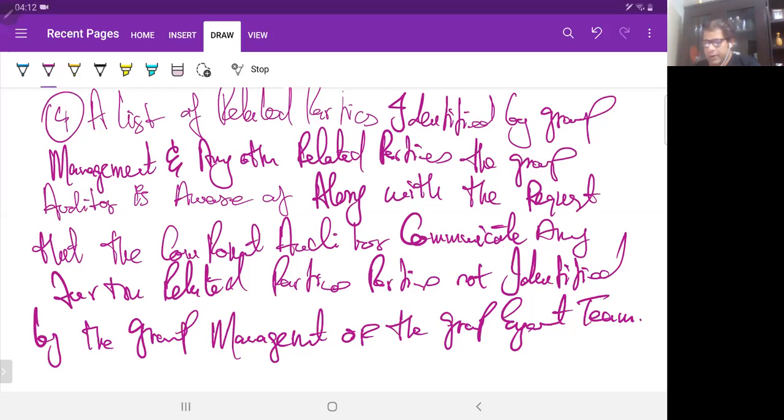Right. So the component auditor is required to confirm that they will cooperate with the group engagement team on a timely basis.